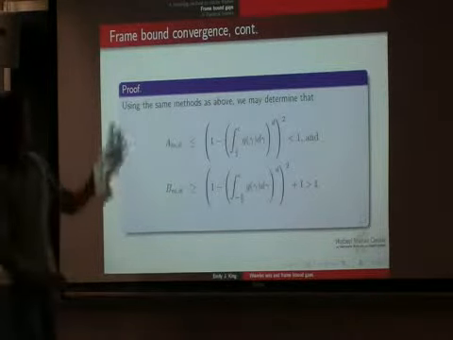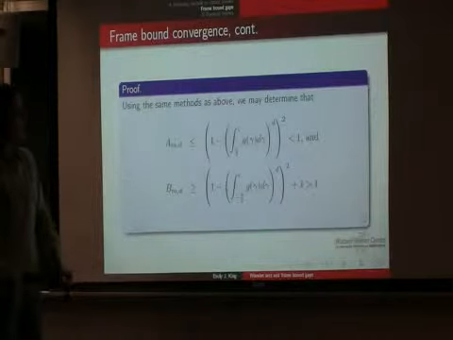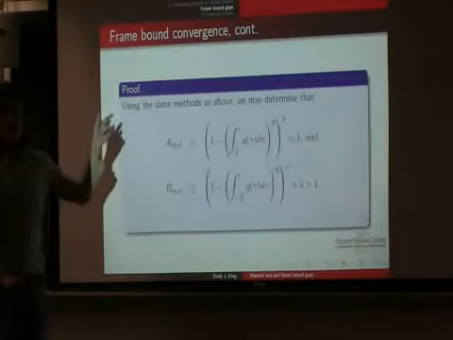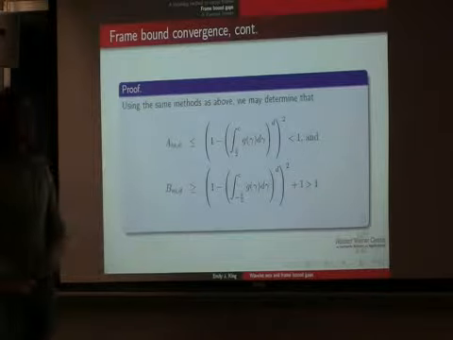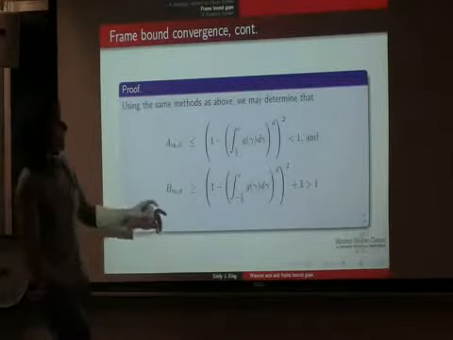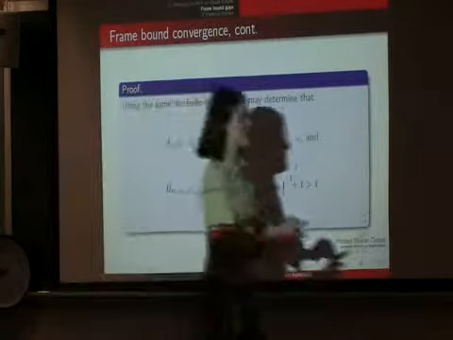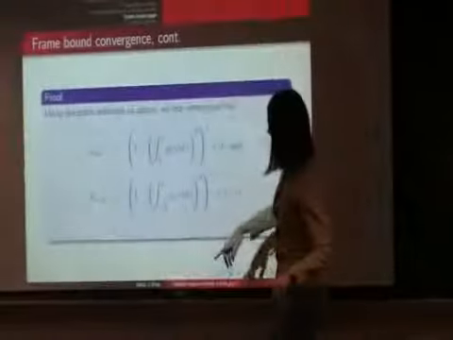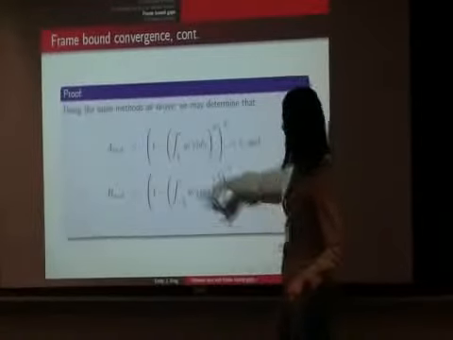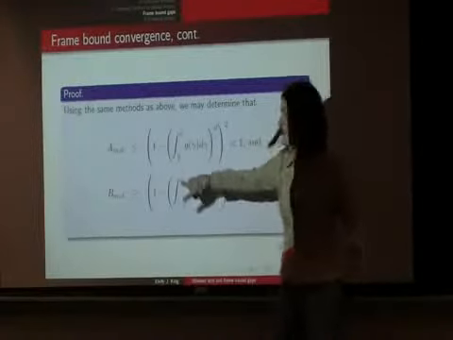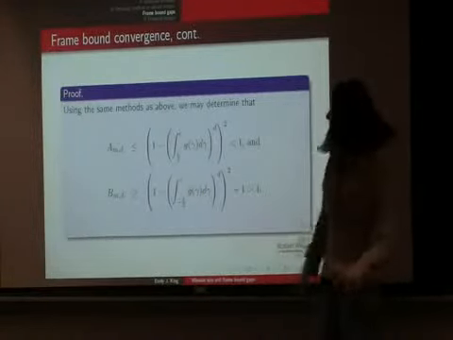So next, okay, kind of the proof sketch using similar methods from the preceding theorem, which I didn't go into any of the details of. If you choose your gamma correctly, then you can show that this is a value of this, and that this is a value of this.